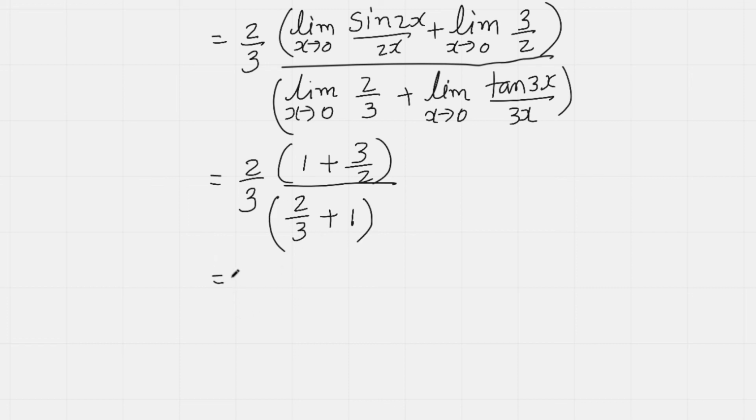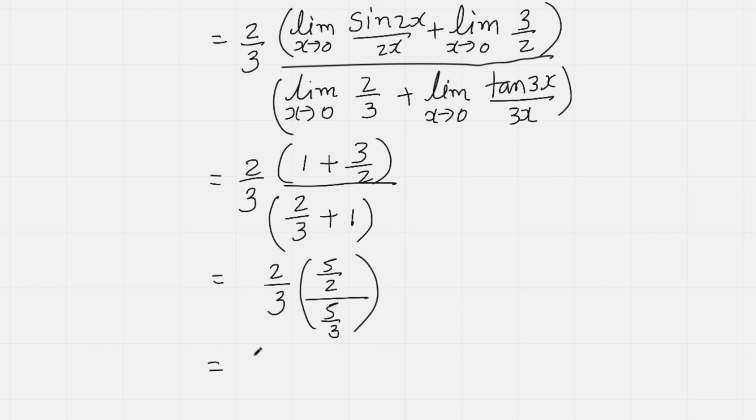So now let us simplify this. So this is 2 over 3 into bracket, 2 times 1 is 2 and 2 plus 3 over 2 is 5 over 2, whole divided by 3 times 1 is 3 and 3 plus 2 over 3 is 5 over 3.